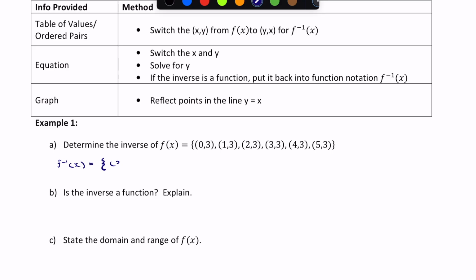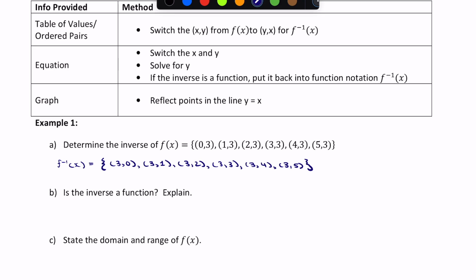So here we would have our ordered pairs of (3, 0), (3, 1), (3, 2), (3, 3), (3, 4), and (3, 5).